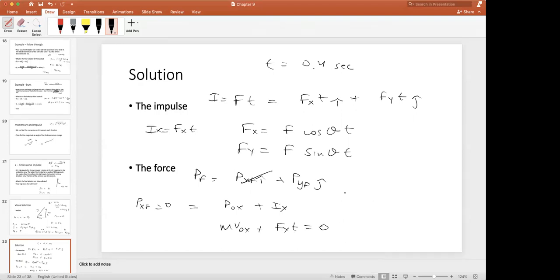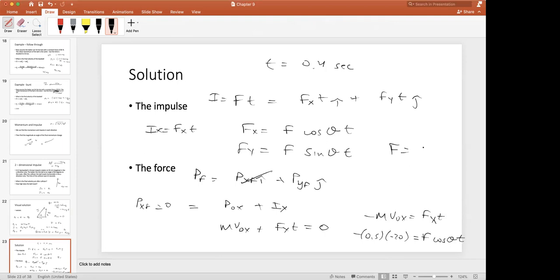So plugging stuff in, we know that this is going to be negative. So this is Fx of t, with a negative sign if I move this over. m was 0.5, this was negative 20, so negative negative 20 gives me a positive. This is F cos theta times t. I know theta is 60 and I know t is 0.4. So 0.5 times 20 is 10.